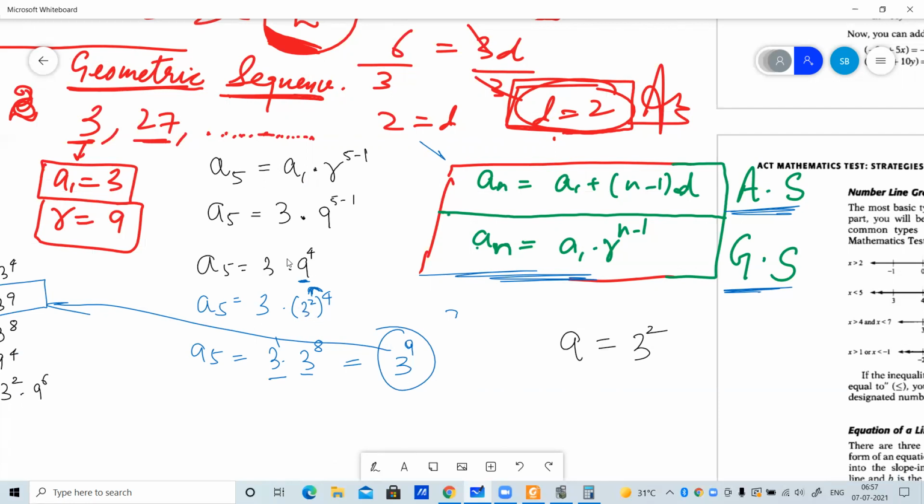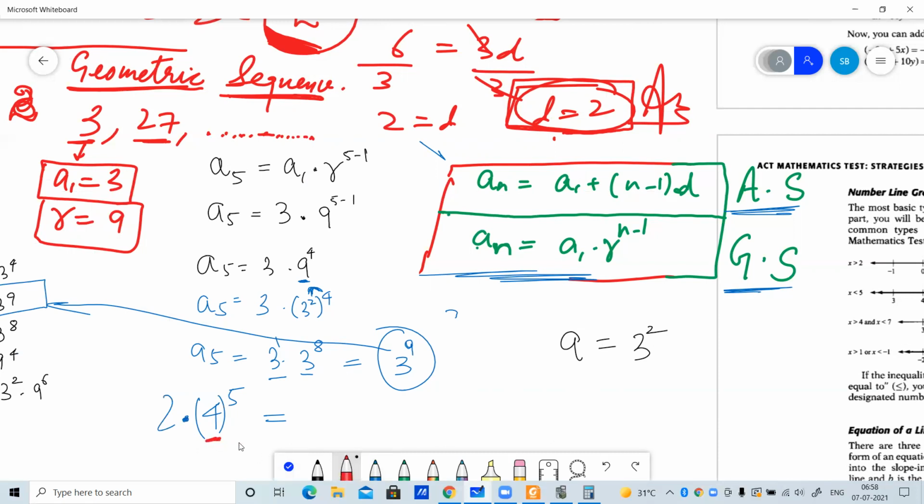Now if this situation comes to you, you will definitely be able to do it yourself. For example, if you have 2 times 4 to the 5th power, what will you do here? Think about it.